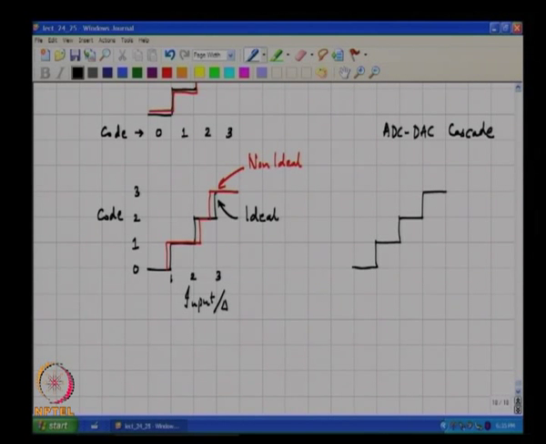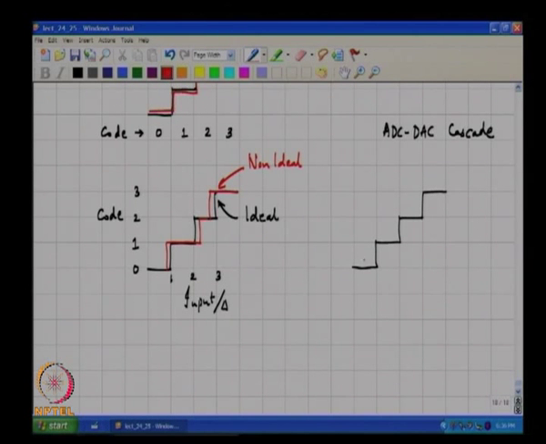When the A to D converter is not ideal and the D to A converter is not ideal, what do you think will happen? What happens to the transfer curve? The y levels will be different, and that is coming because the DAC is not ideal, yes. X thresholds will be different because of the ADC, very good.